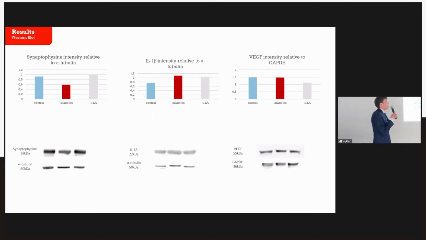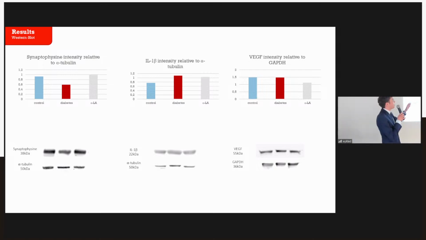And finally, Western blots. We were trying to establish various proteins expression, for example, interleukin-6, VCAM, TNF-alpha, but I've chosen the most important ones for you. So starting from the left, we have synaptophysin, and we see a very visible decrease in diabetes group with a protective effect of alpha-lipoic acid.